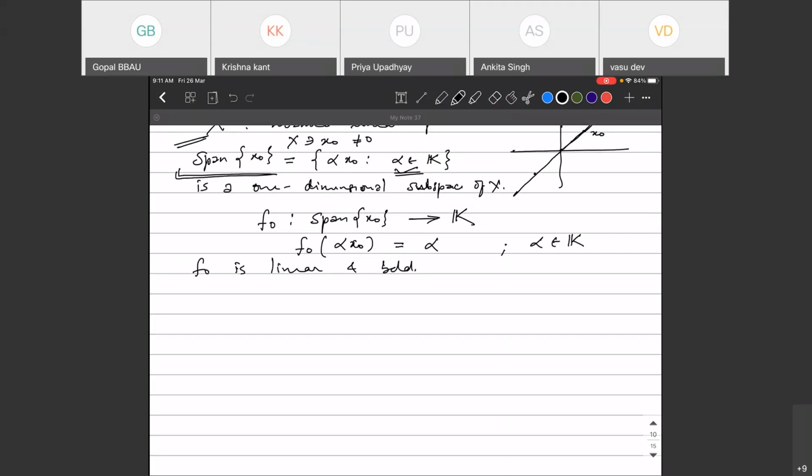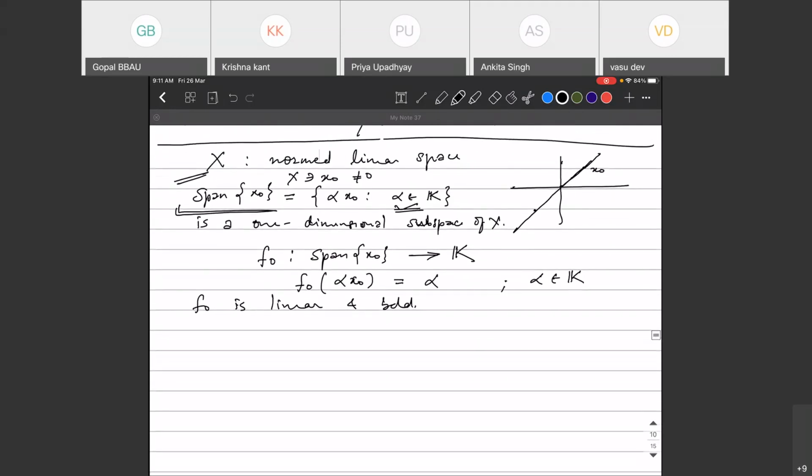So this means there exist linear functionals in a one-dimensional subspace of any normed linear space. Any doubt so far? No, sir. Okay.